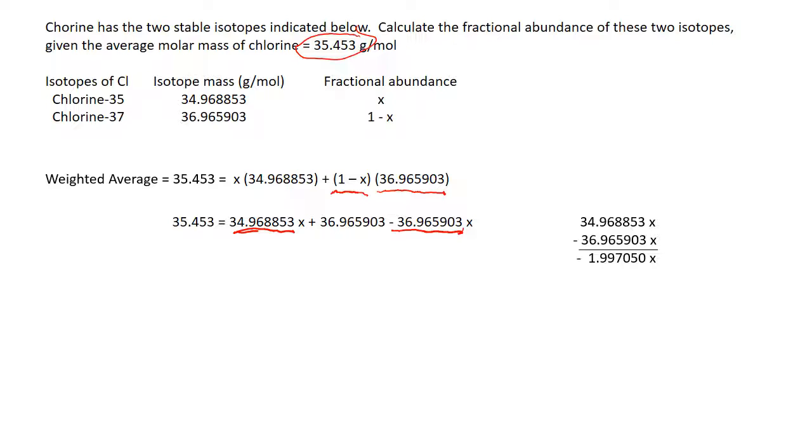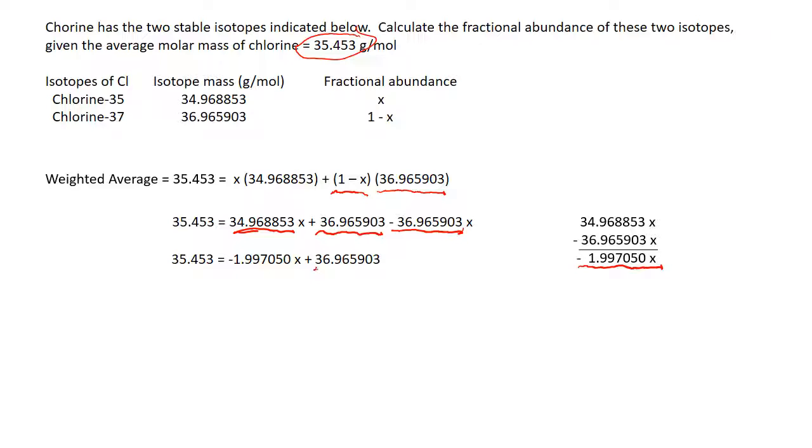So then let's take this value and substitute it in for our collective values of x on the right side. The left side remains the same, 35.453 equals minus 1.997050x plus what's left from my right-hand side, 36.965903.